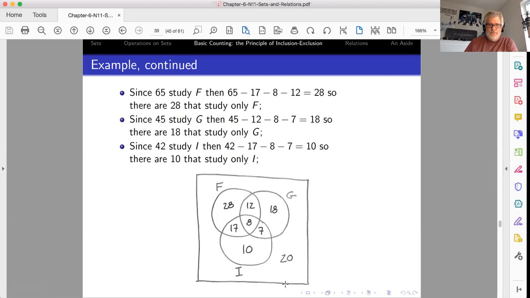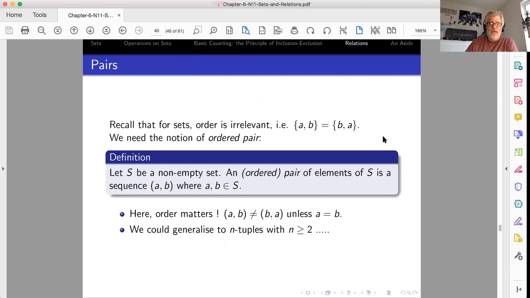All right. So let's hide this. Let's go here. Okay. Next topic, relations. The point of this is just to set some very basic definitions.